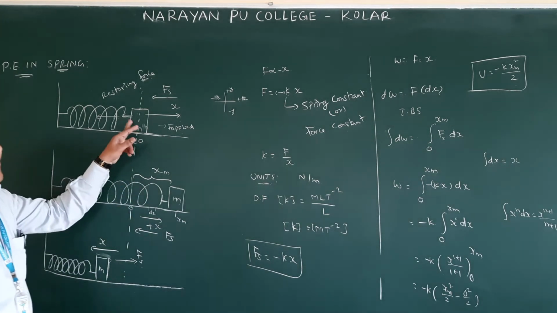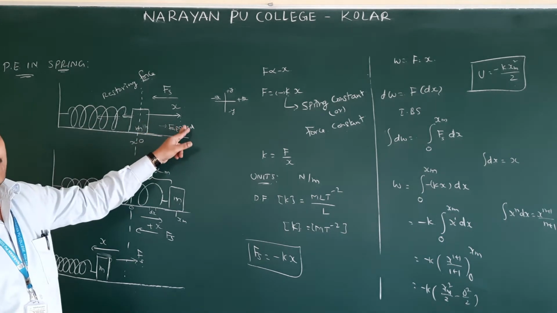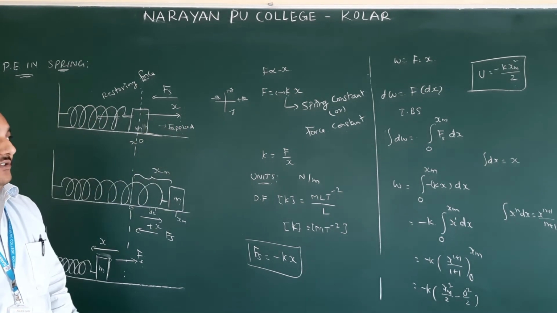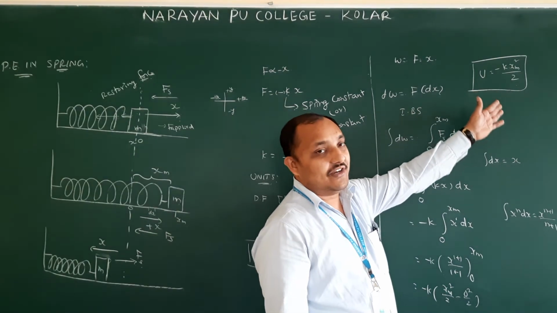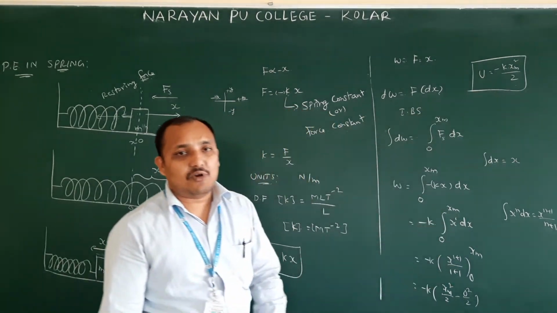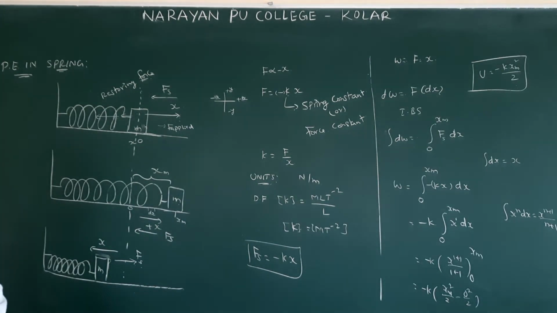So work done by spring force, you have to take negative. Work done by applied force, you have to take positive. This is the derivation of energy stored in the spring. They will ask this as a 3 marks question. Very, very important question.